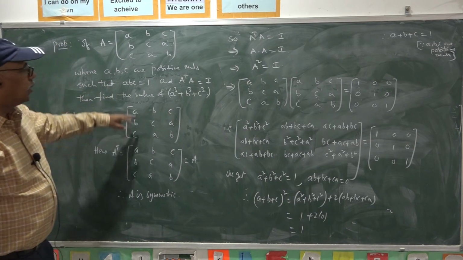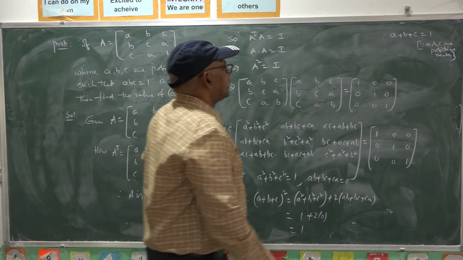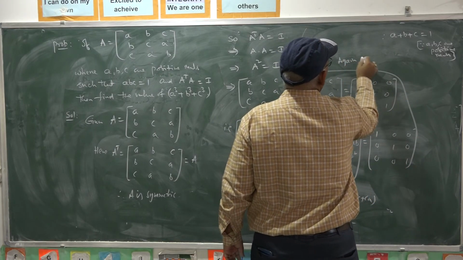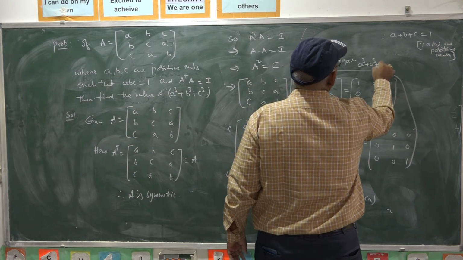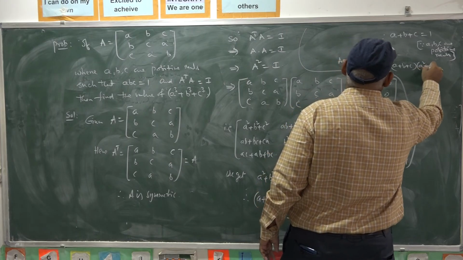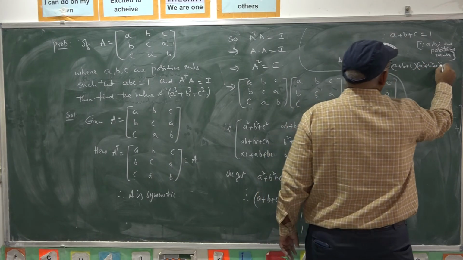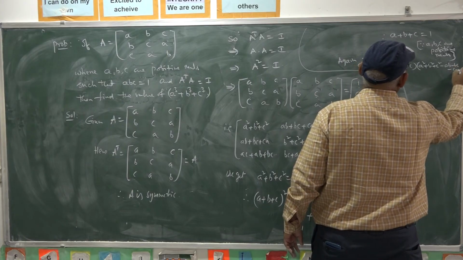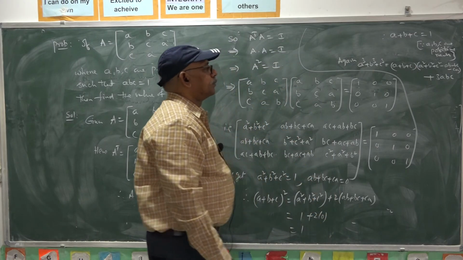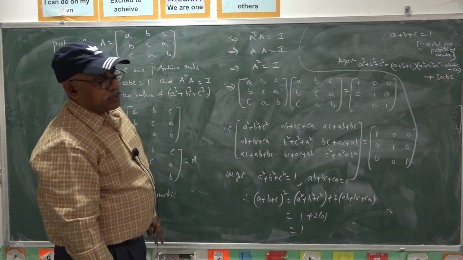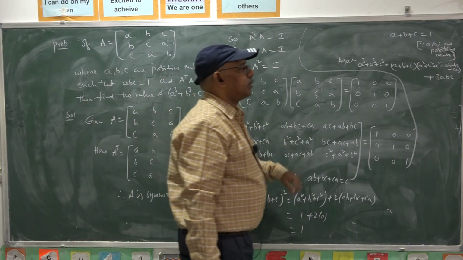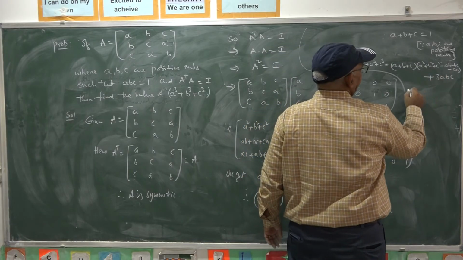Moreover, A cube plus B cube plus C cube. Again, this is an algebraic relation: A cube plus B cube plus C cube may be written as (A plus B plus C) into (A square plus B square plus C square minus AB minus BC minus CA) plus 3ABC.